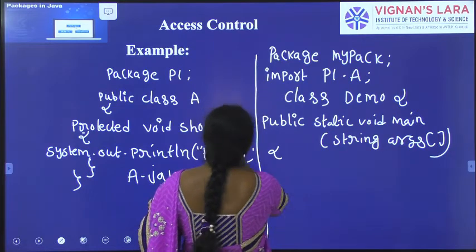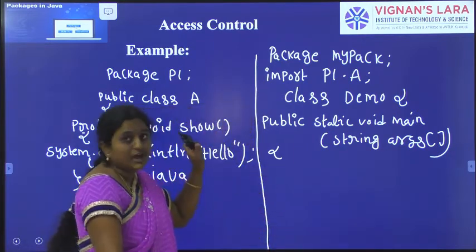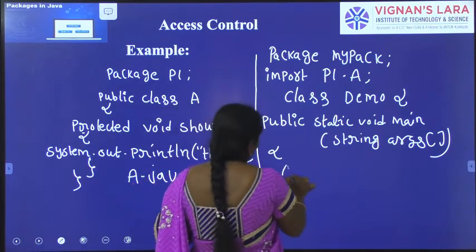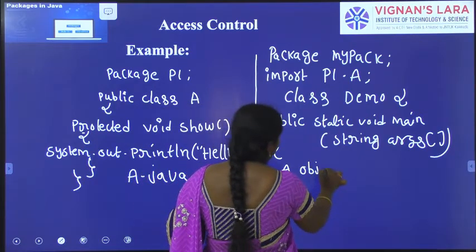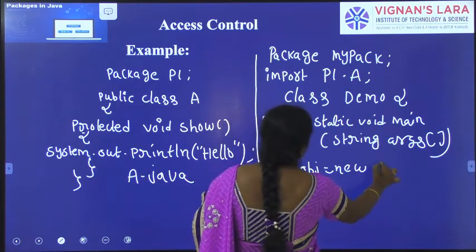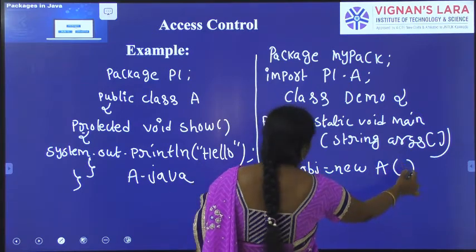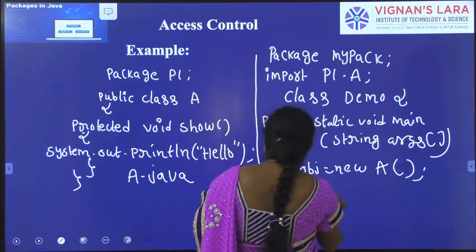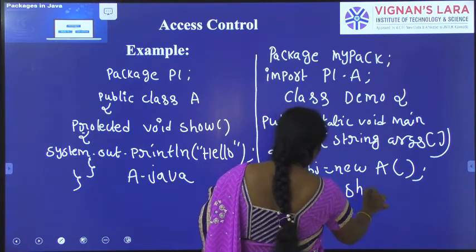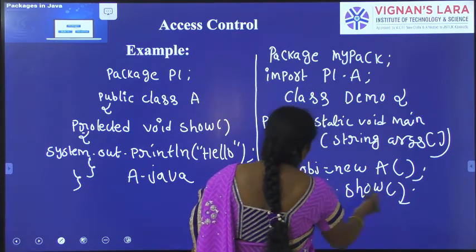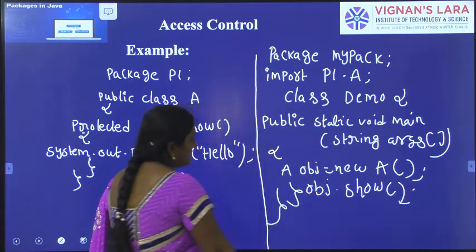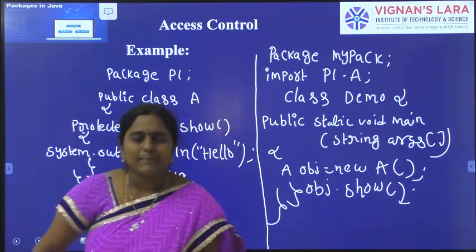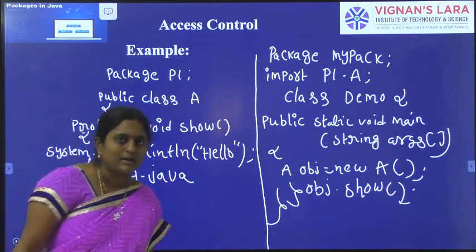Here I am creating an object of the A class: A obj equal to new A. With the help of this A class object, I am calling the show method: obj dot show. I am closing the main method body and class body. We have to compile and run this program. Finally, we can get output.